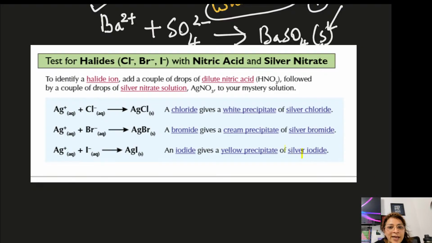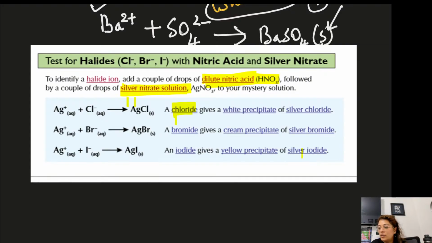Silver nitrate test. Very good. Guys, can you please type dilute nitric acid we use? Remember, 1 mark. And this is followed by silver nitrate, 2nd mark. Well done. Type to me in the chat, what is the color of precipitate if chloride is present?